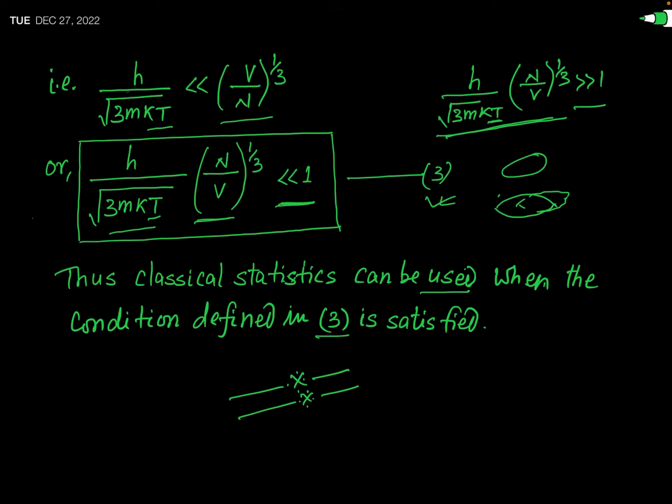So I think you have understood the basic criterion for applying classical statistics. We have also discussed when the same system can use quantum statistics, but our further lectures will be only on classical statistics.